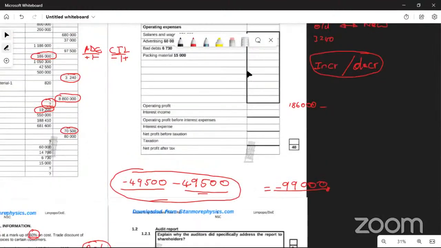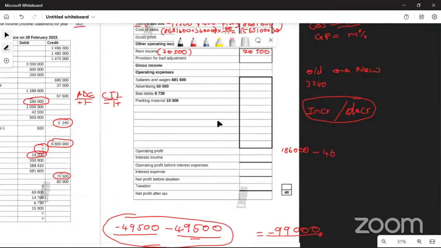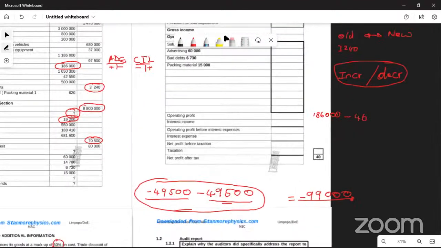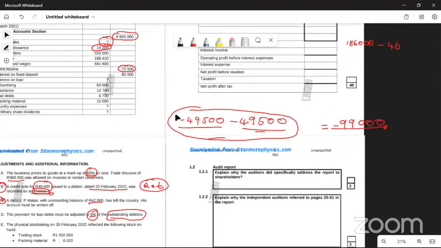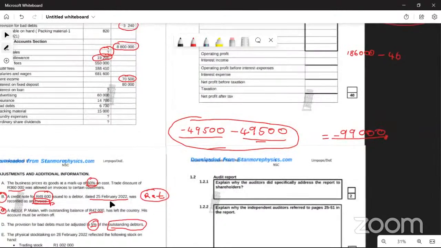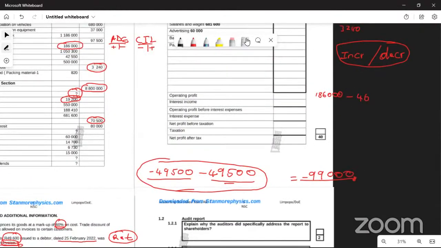So we have to subtract the 49,600 because now this debtor is no longer owing us. Is it 49,500 or 600? 600, 49,600 rands.